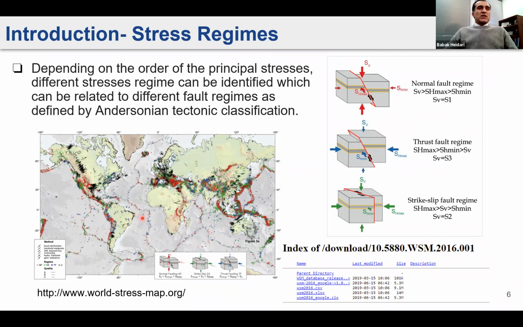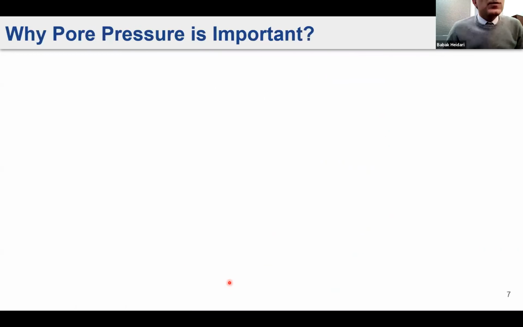So for the location that you want to drill, I strongly recommend that you check this website and get an overview and big picture of what is happening around your field, your well, and your operation.